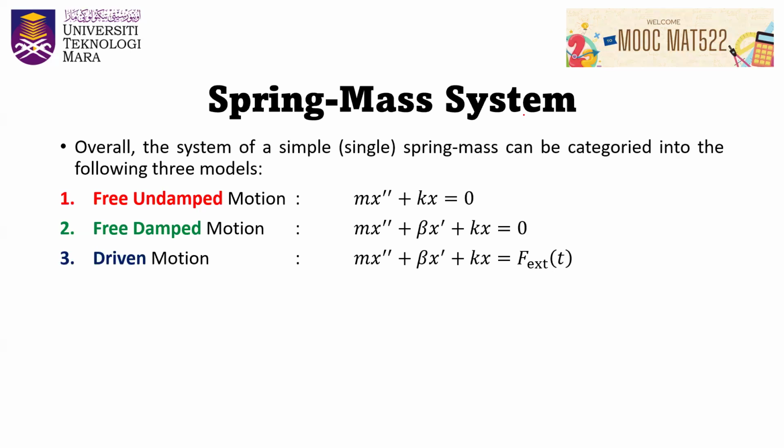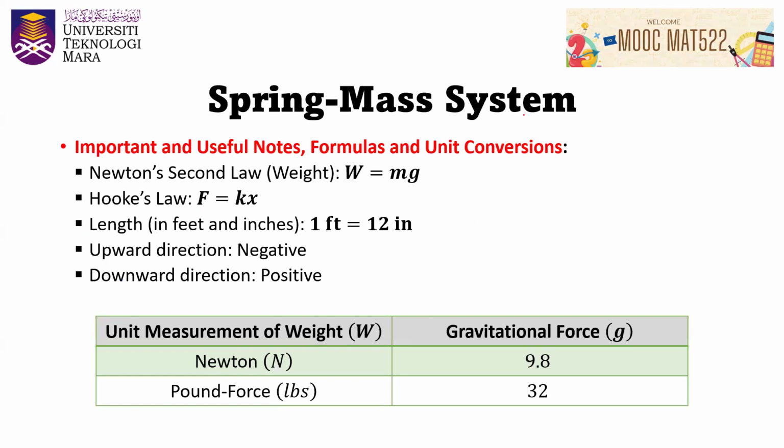Now, before we move further, there are some important and useful notes, formulas, and unit conversions that you have to take note of when dealing with spring mass system problems. Again, Newton's second law tells us the net force between the restoring force F and the weight W. Here, W equals mg, where m represents the mass and g represents the gravitational acceleration.